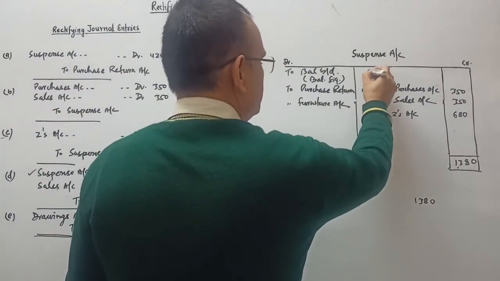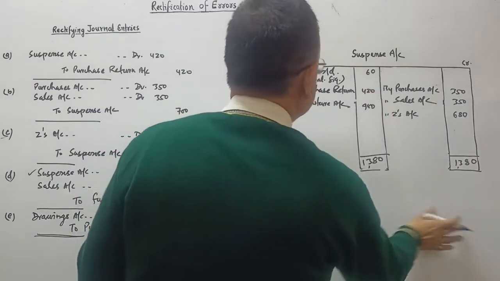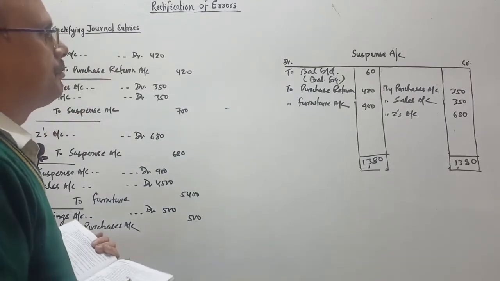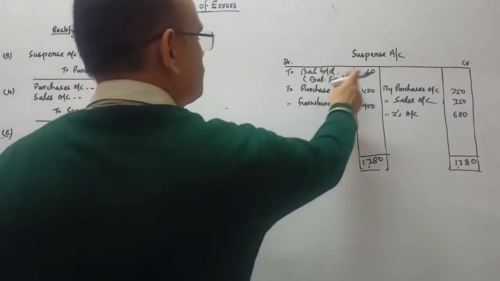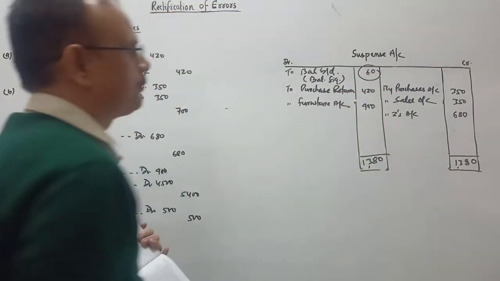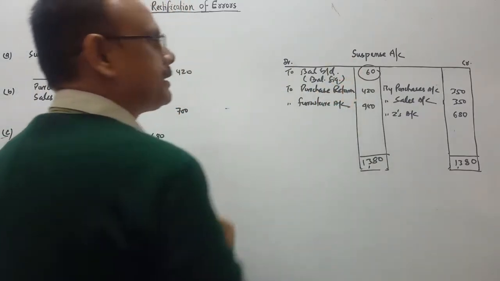So 60 rupees on the debit side, 60 rupees to balance brought down. Where does this figure come from? From the balancing figure. This information is not given in the question.